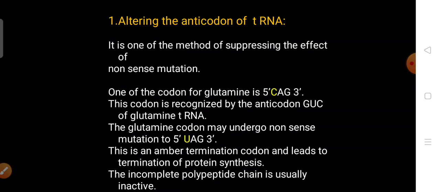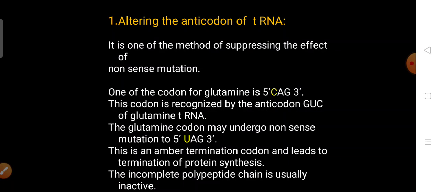The nonsense codon cannot be read by any anticodon of tRNA because such an anticodon does not exist. So, what is done in genetic separation? The anticodon of the tRNA is altered in such a way that it can pair with the termination or nonsense codon.